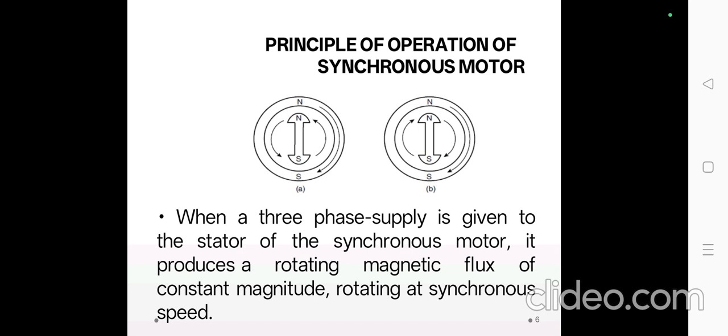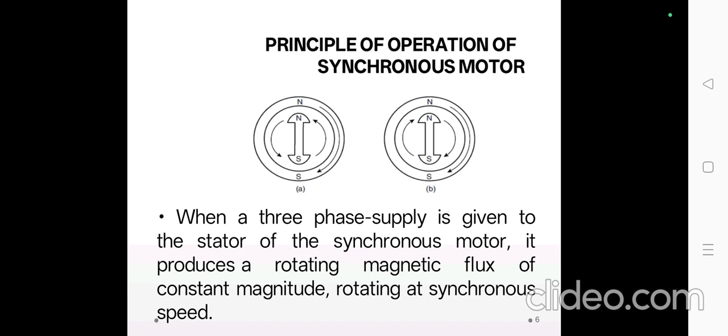This will tend to make the rotor rotate in the direction of the rotating magnetic field. But before this, the stator poles again change their positions, reversing the direction of the torque exerted on the rotor. As a result, the average torque exerted on the rotor is zero, and hence the synchronous motor is not self-starting.